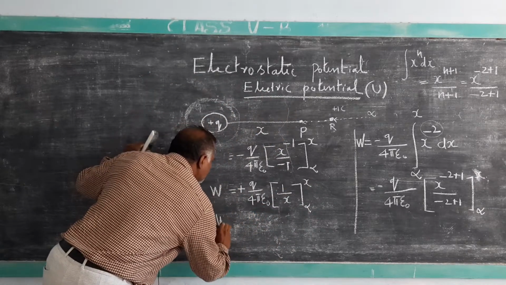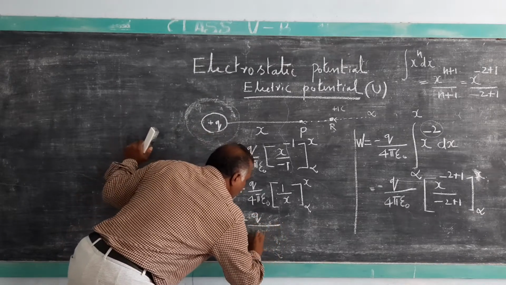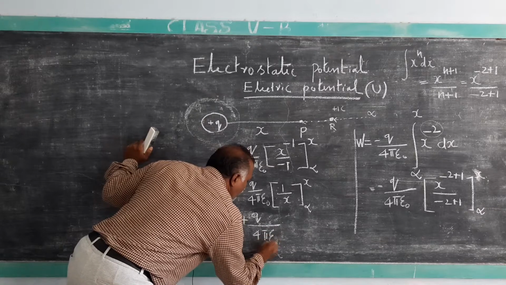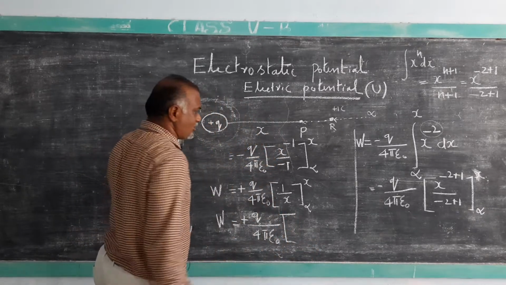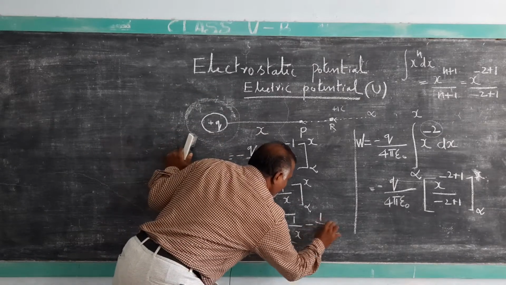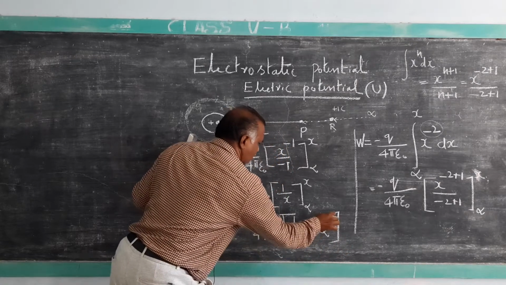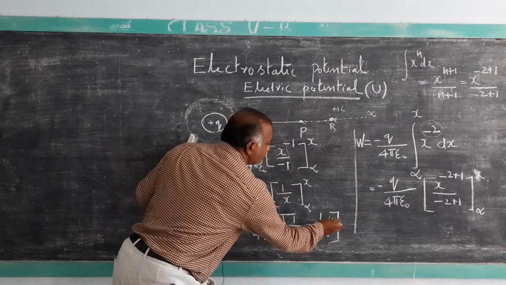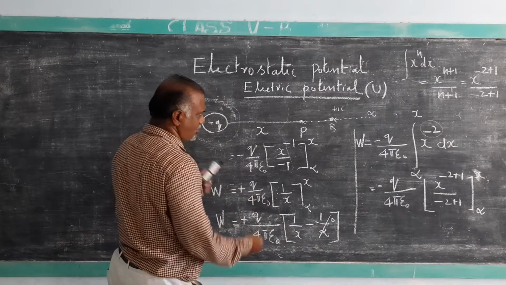So w is equal to plus q divided by 4 pi epsilon naught, 1 by x. First you apply x, so this is 1 by x minus 1 by infinity. 1 by infinity is 0. So this becomes 0. So we are having only 1 by x.